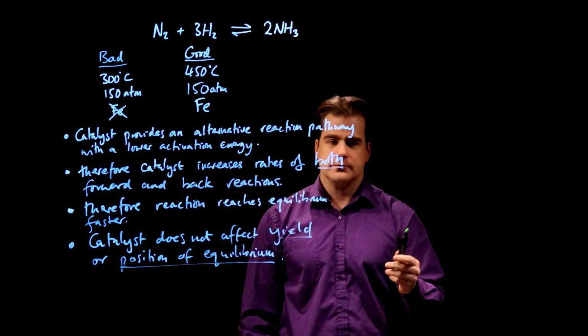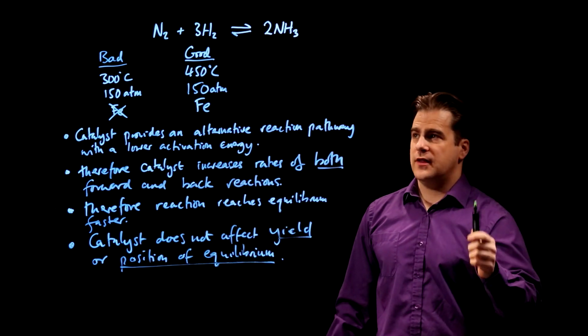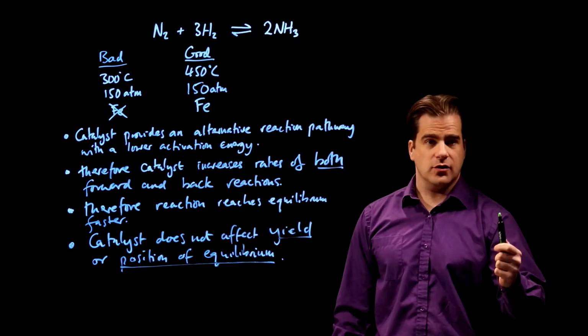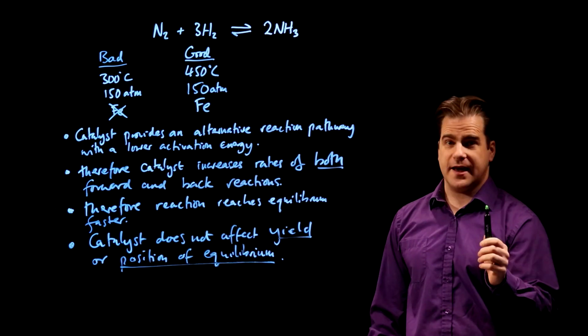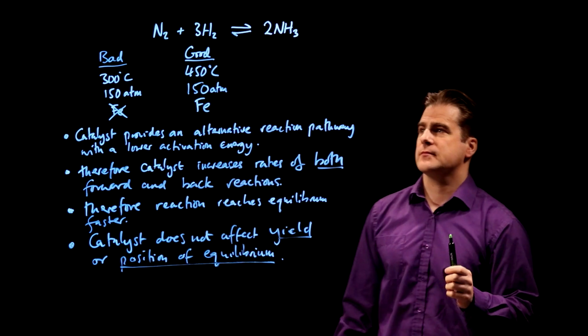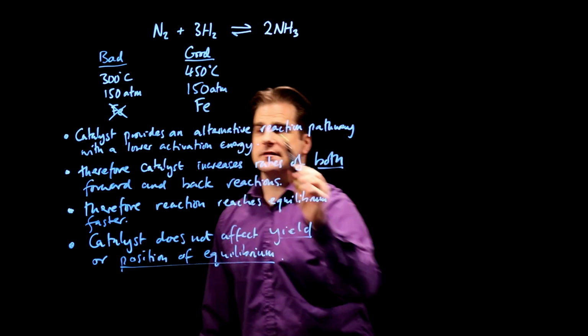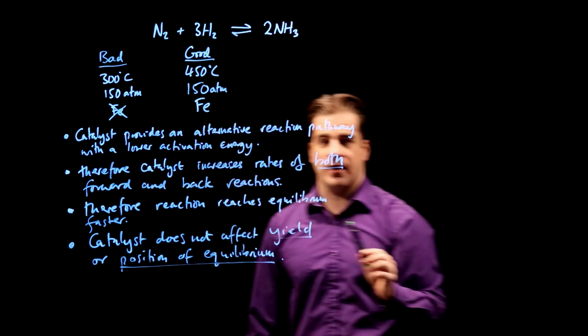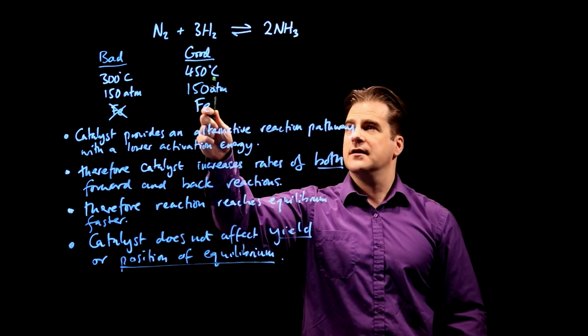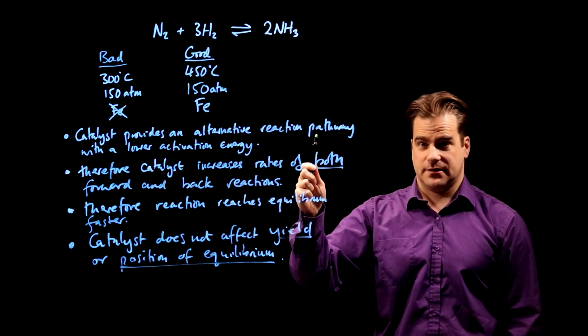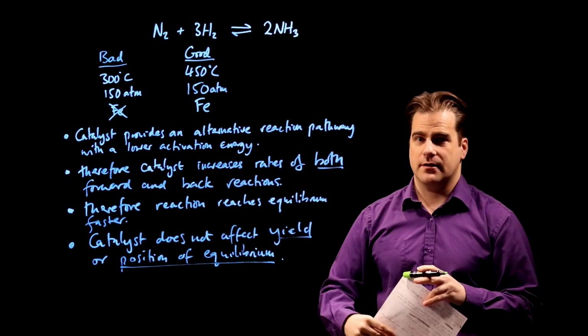So, this is where we start talking about how temperature affects position of equilibrium. So, listen carefully, you really need to know this. Higher temperatures, okay, so 450 is higher than 300. Higher temperatures favour the endothermic reaction. What does that mean?